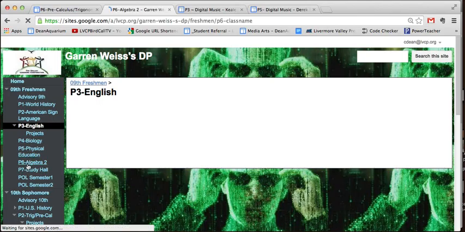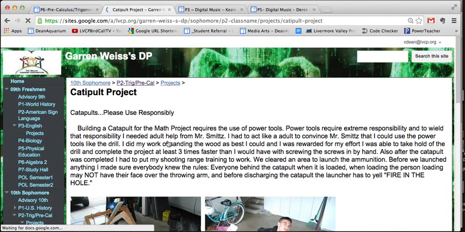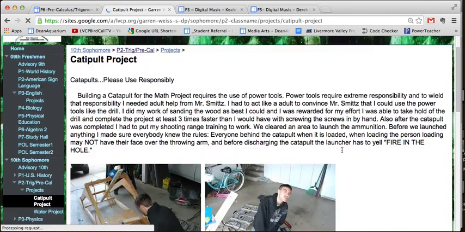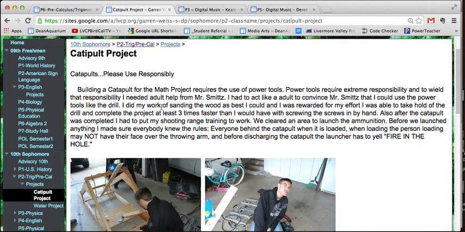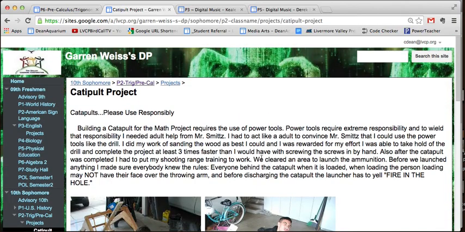Let's take a look at the Catapult project. Here we have Garen's Catapult project. It's a nice one talking about his catapult and how they're building it. They had a funny anecdote about yelling fire in the hole when shooting off the catapult, with some great pictures of him working on it and talking about using power tools.